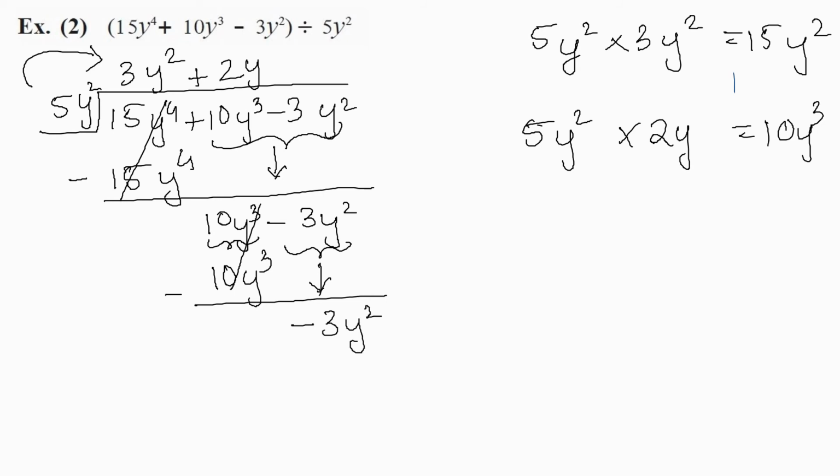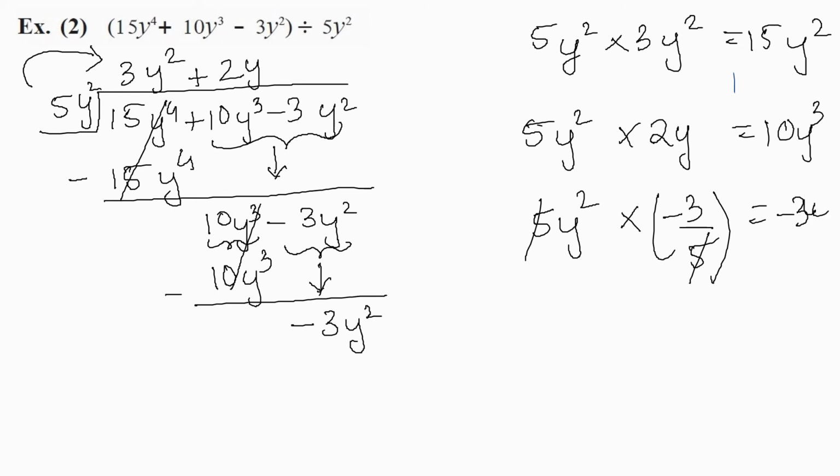Now here we have minus 3y square, so we have to be a little careful because this is a minus sign. Now our divisor is 5y square, and if I multiply 5y square with negative 3 by 5, the 5 and 5 will get cancelled off and we'll be left with minus 3y square.